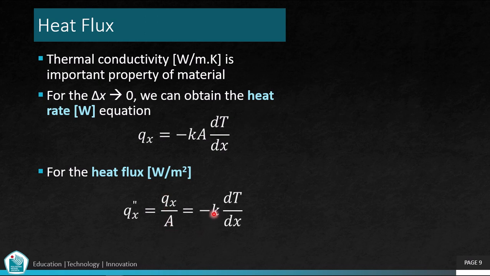So the A on the right hand side vanishes, and we have minus K dT/dx. What is the meaning of the minus sign? The minus sign is necessary because heat is always transferred in the direction of decreasing temperature, or in other words, from the higher temperature to the lower temperature.